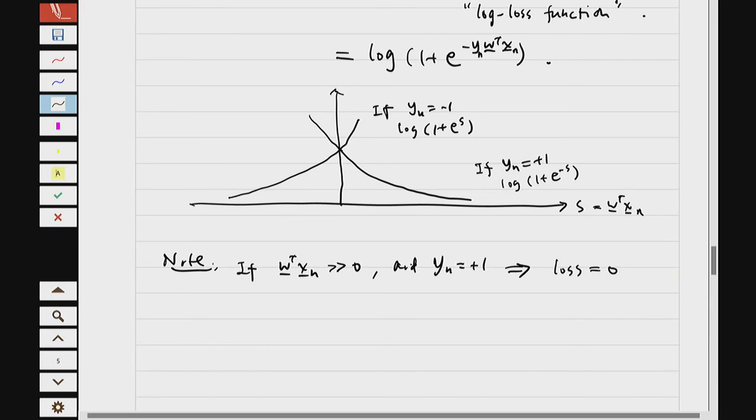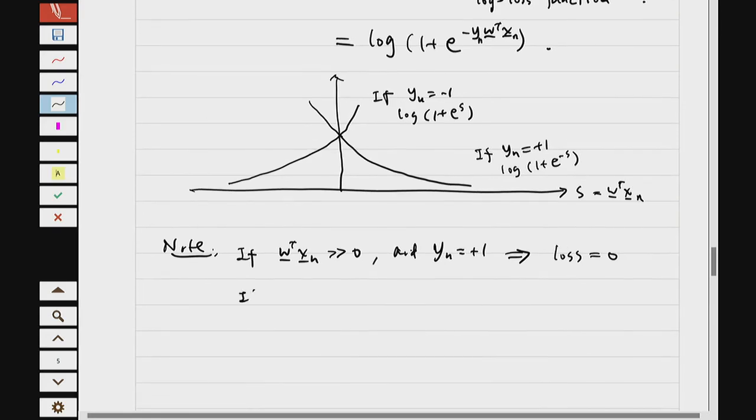When this is very much greater than 1, that means based on our hypothesis, we're very confident that it's plus 1. And then if the true label is really plus 1, then you want the loss to be 0. There's no loss because you make a right prediction. That makes sense.